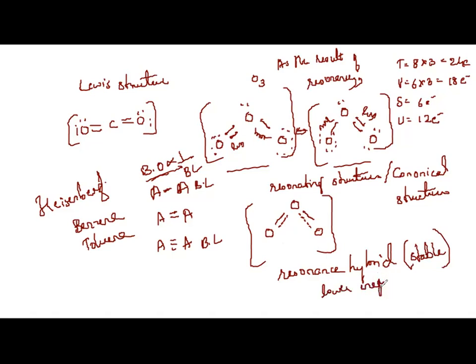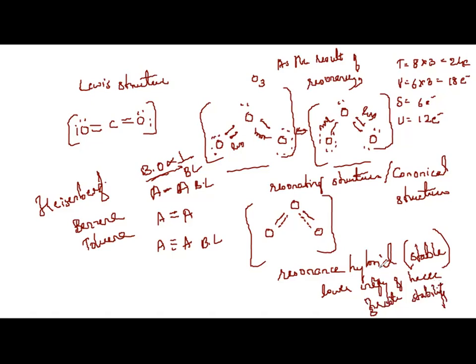Please do remember, this works in resonance also. These are resonating structures or canonical structures, and the actual structure lies in between them and is written like this, which is called the resonance hybrid. Why is it said to be the actual structure? Because it will have lower energy, and hence greater stability.